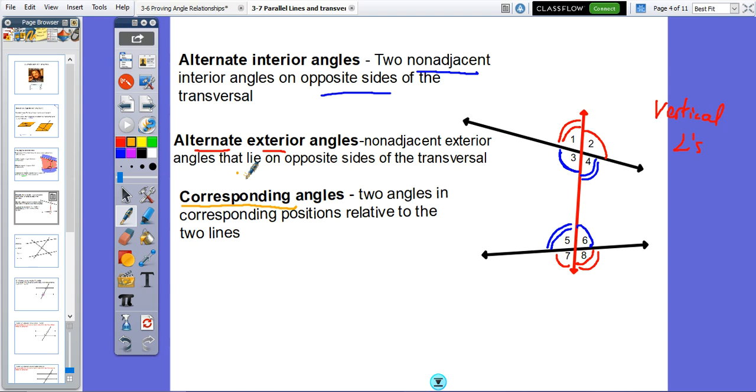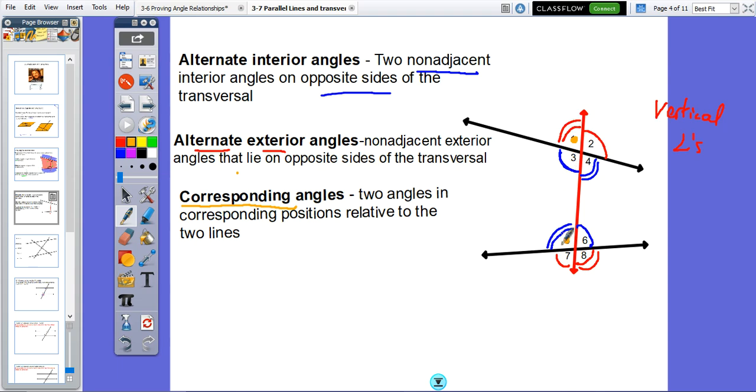So corresponding angles are angles that are in the same position as itself, just in a different group of angles or on a different line. So for example, angle 1 up here is a top left angle. What other angle is also a top left angle in a different position? That would be this angle 5.